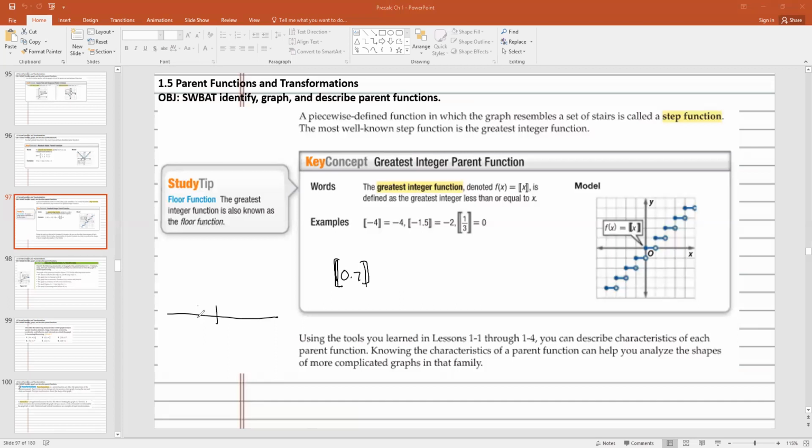So if you look at a number line, here you go, 0, 0.7. At 0.7, the greatest integer is the one that's to the left of it, which is 0. So this one would be 0.